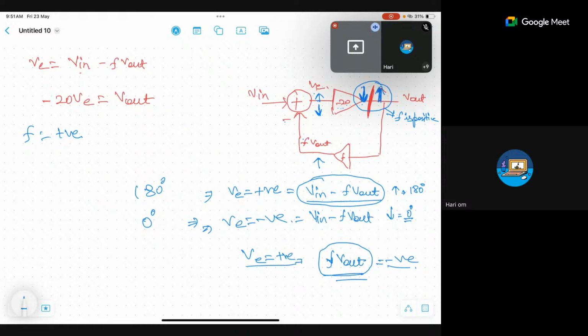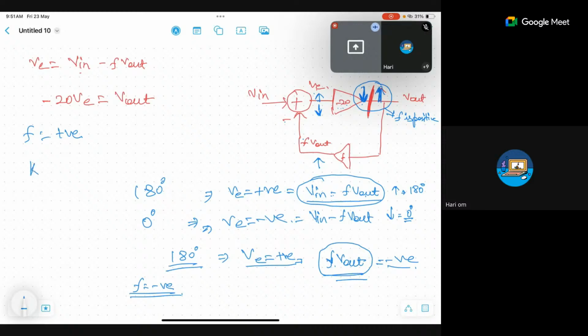Because V in minus of minus F times V out becomes a plus. So if both are added, VE is positive, and if VE is positive, we are getting a 180-degree phase shift. So that means F should be negative. Clear?